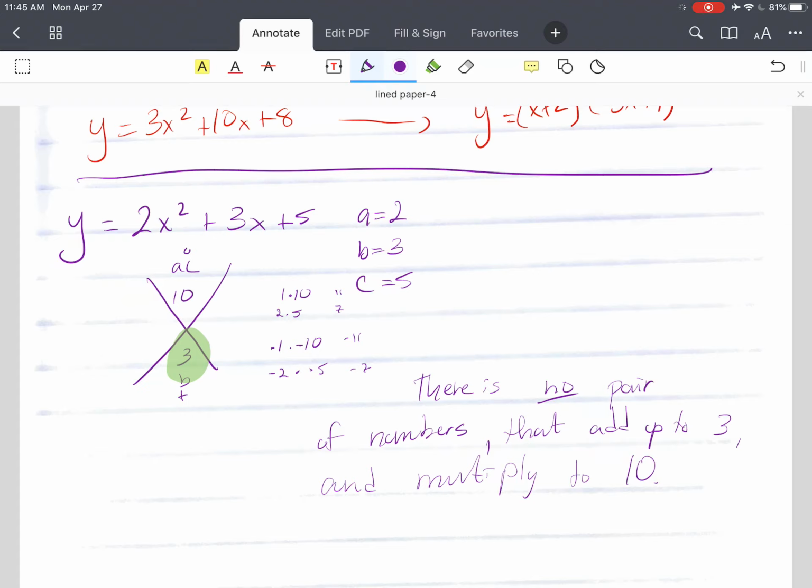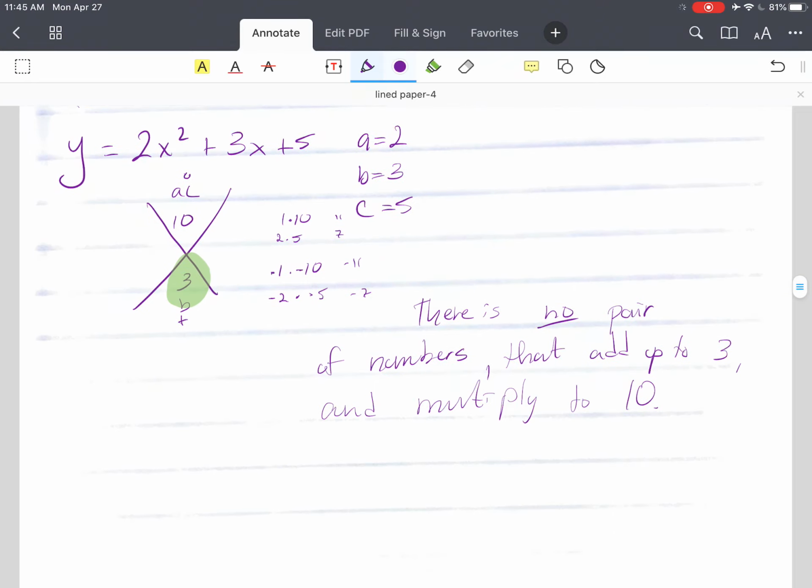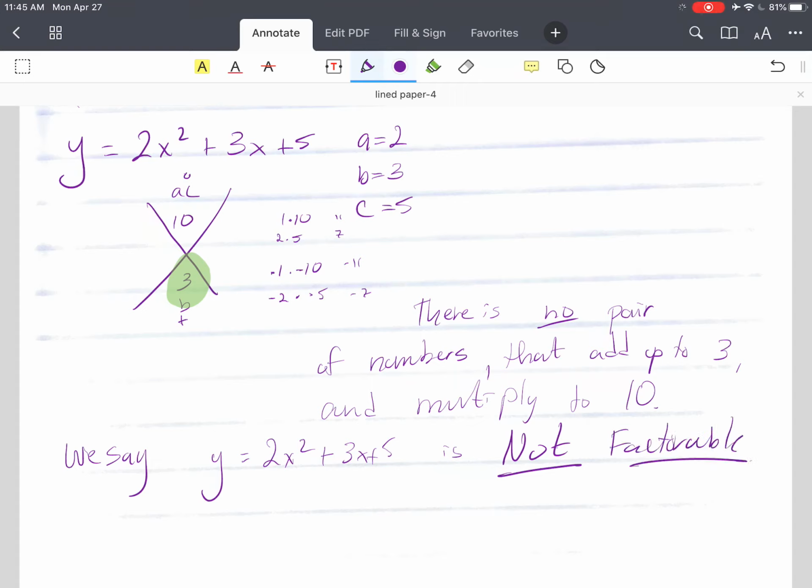What this means is, since you cannot find two numbers that multiply to 10 and add up to 3, we say the equation y equals 2x squared plus 3x plus 5 is not factorable.